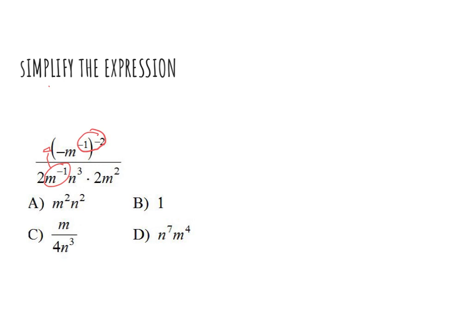And I'm also going to bring that m to the -1 up to where it belongs, so it's positive. So we have m to the 1 power, and then a -1 raised to the -2nd power, and then m, multiply exponents. -1 times -2 is a +2.